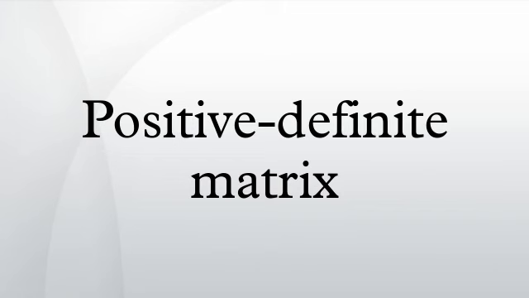However, if z is the complex vector with entries 1 and i, one gets z*Mz equals 2 plus 2i, which is not real. Therefore, M is not positive definite.